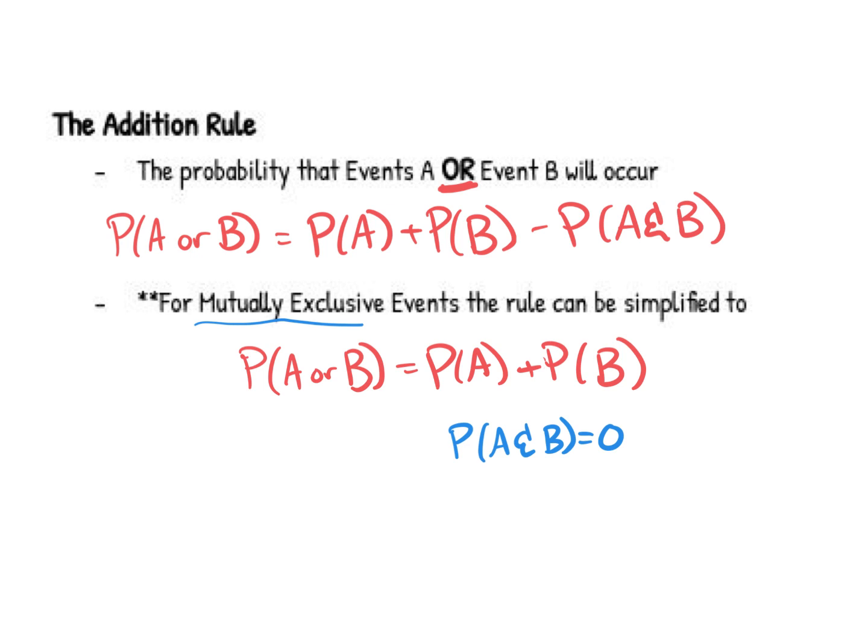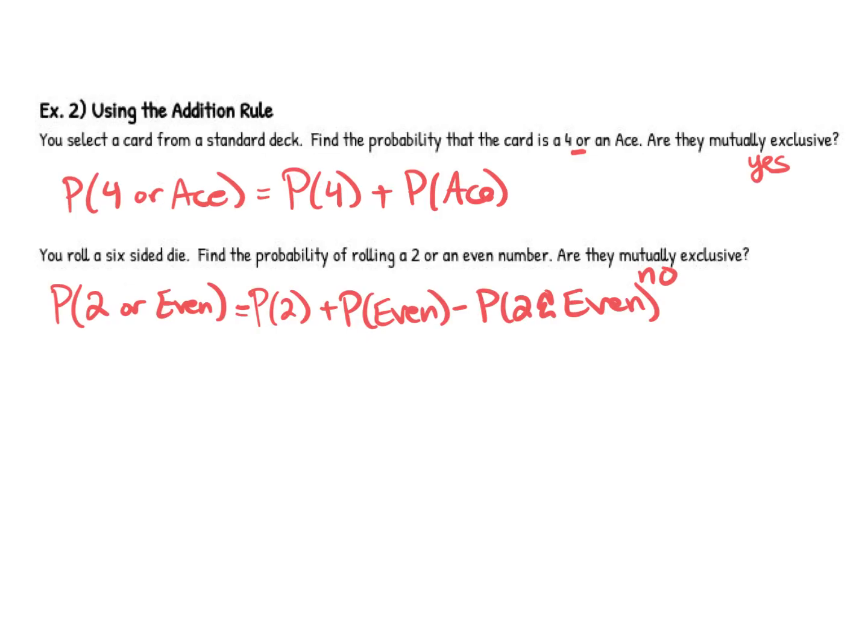So let's see how that would be used in problems. Using the addition rule, you select a card from a standard deck. Find the probability that the card is a 4 or an ace. So we ask, are they mutually exclusive? Yes, the card cannot be both a 4 and an ace at the same time. So we can use the simplified version.